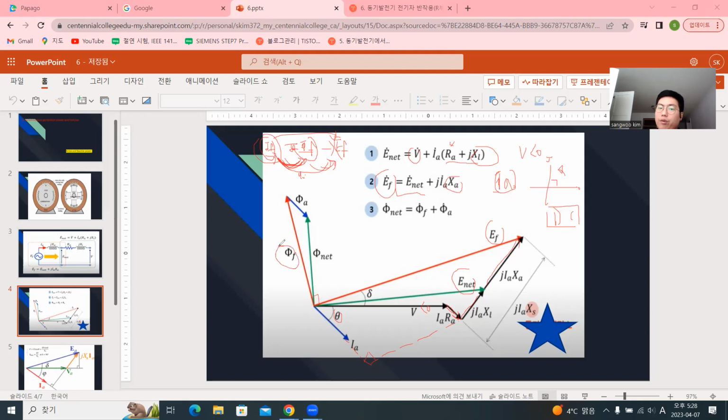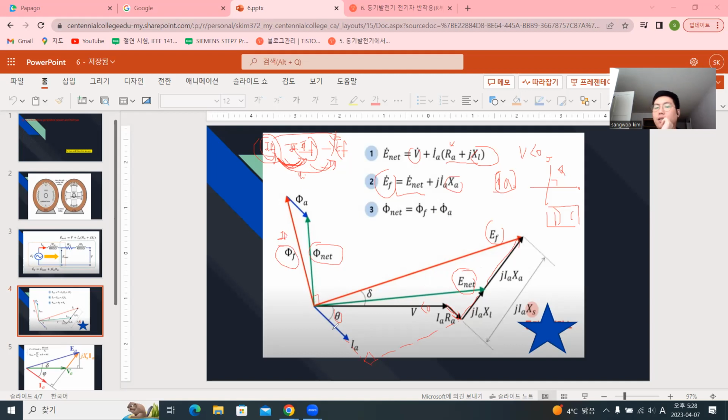This is IF, so we draw IF here. And Φnet is also the same, because E net is made by the flux, so also 90 degrees here.